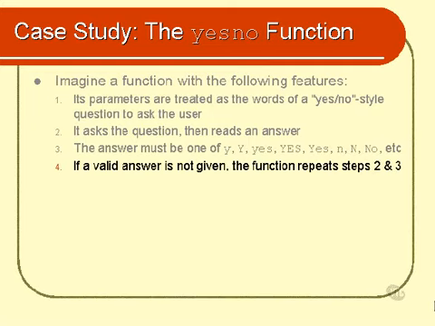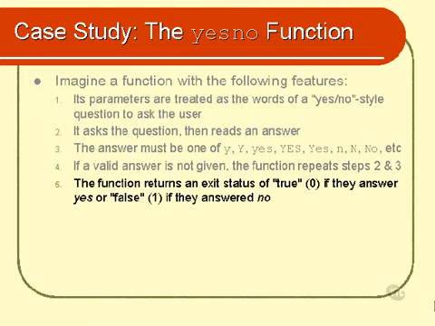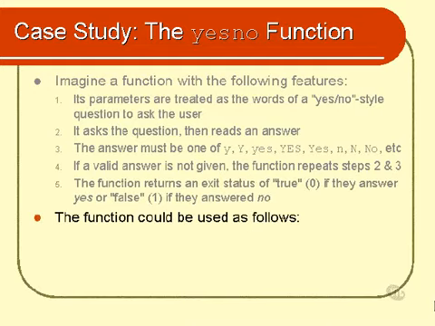Now if they don't specify one of those answers, then it's going to go back and ask the question again until they answer a yes or a no. So finally they will have hopefully answered a yes or a no. The function will return an exit status of true, or 0 of course, if they answered yes, or an exit status of 1, which we'll interpret as false, if they answered no.